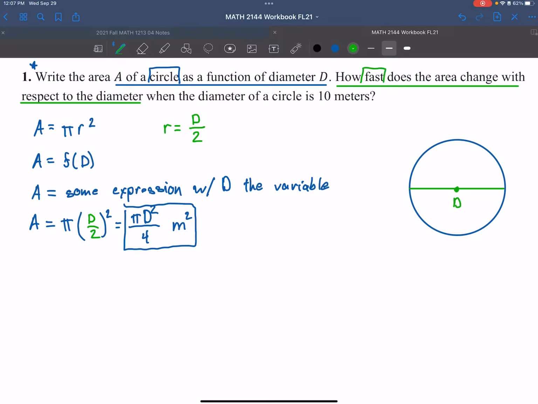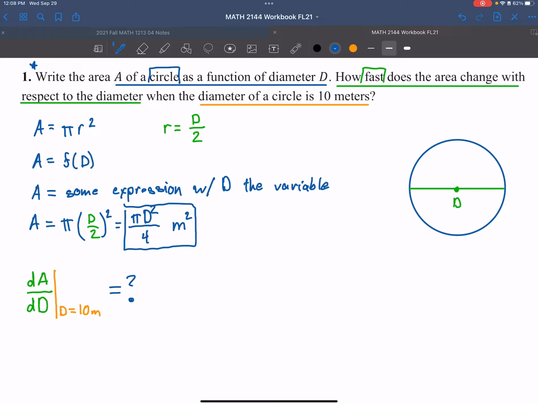So for this second part, we're asked to consider the derivative of the area with respect to the diameter when the diameter is 10 meters, that is, when D is equal to 10 meters. This is what we're asked to find.